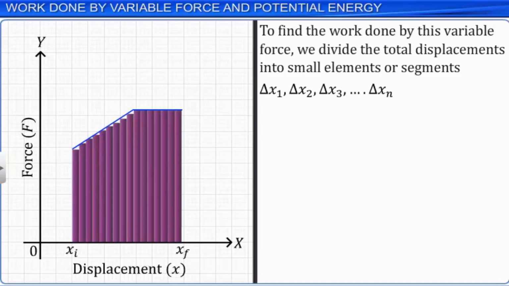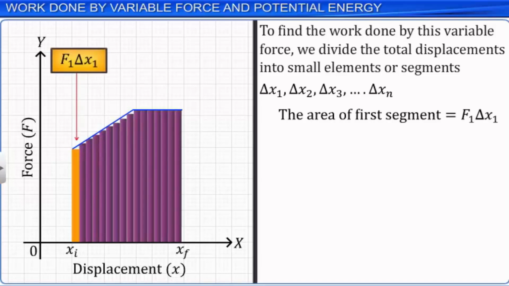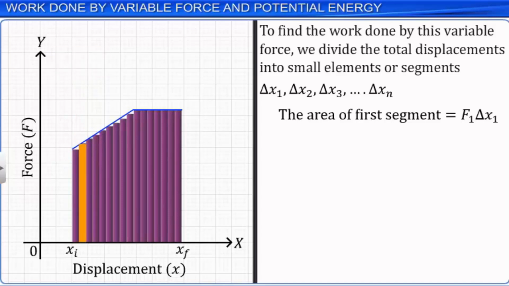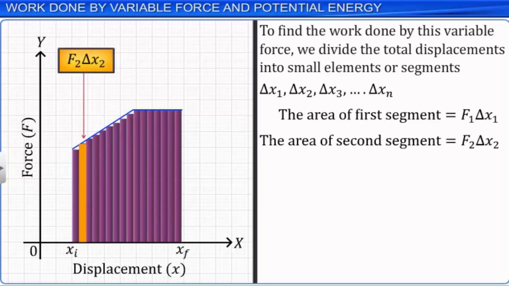The work done with respect to the first segment, delta x1, is the area of this first segment, that is, F1 into delta x1. Work done with respect to the second segment, delta x2, is the area of the second segment, that is, F2 into delta x2.